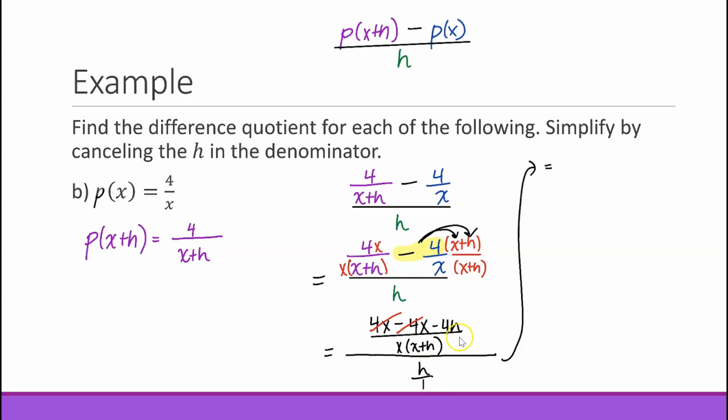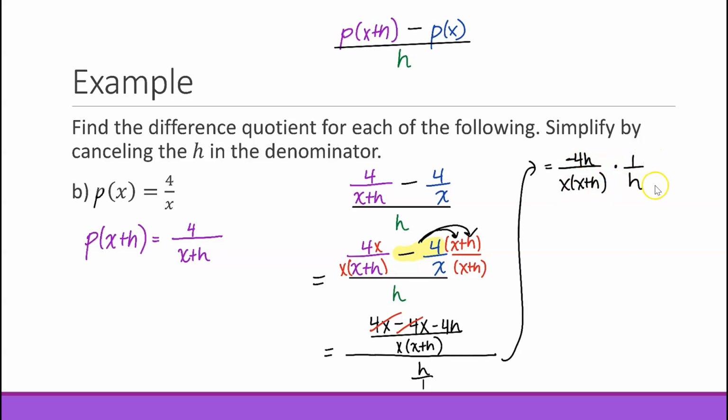So what I'm going to think about this as next is negative 4h over x times x plus h. So that's what's left in the numerator. And instead of dividing by h over 1, I'm going to use the technique where I multiply by the reciprocal, 1 over h.